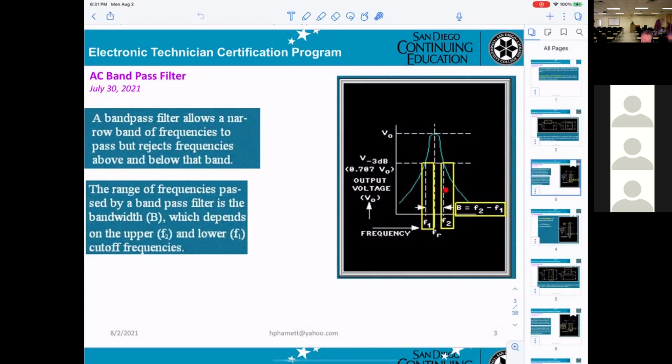The stop band will be above F2 or below F1. The range of frequencies passed by a band pass filter is the bandwidth, which depends on the upper F2 and the lower F1 at the cutoff frequency.